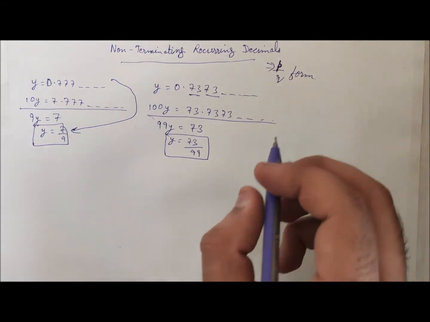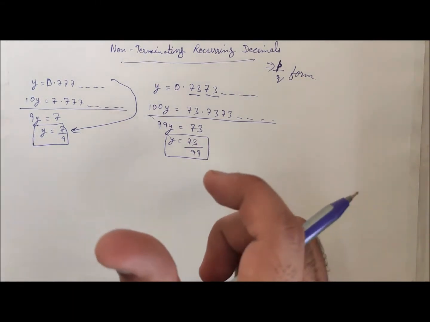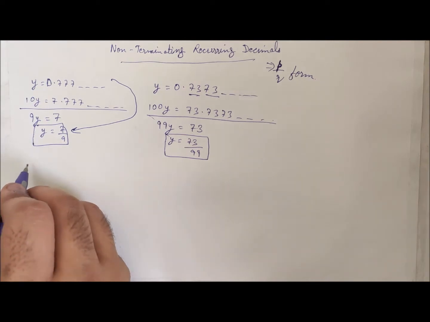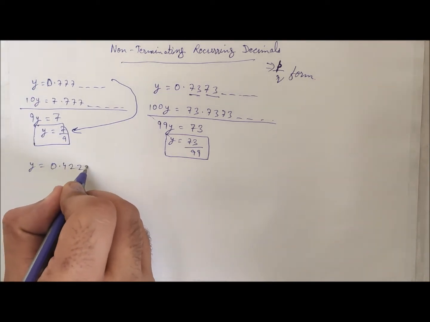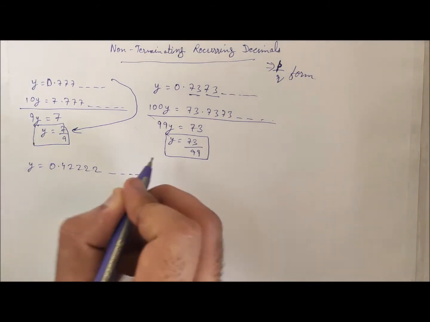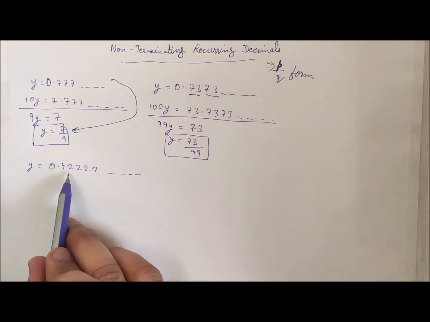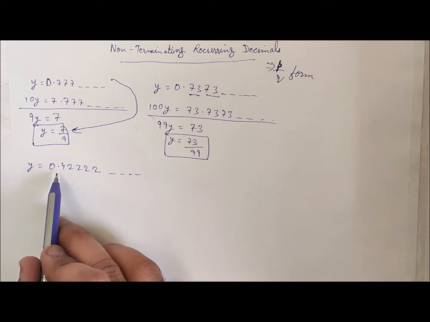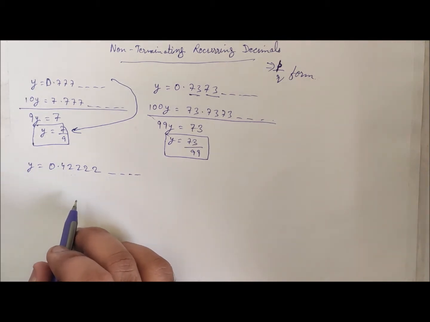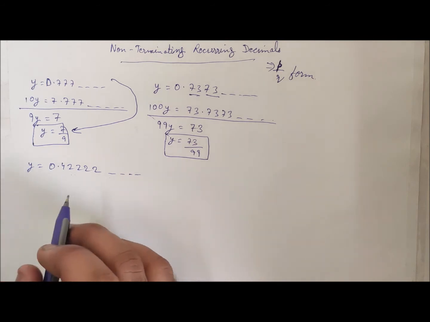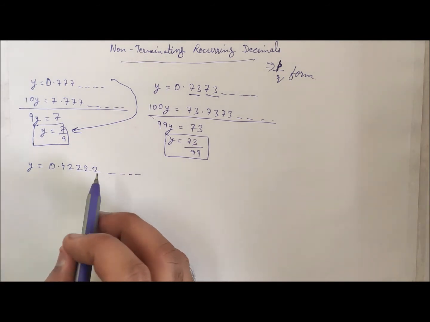Let's take another example. We'll look into a slightly trickier example this time. So we'll take y is equal to, let's say, 0.42222. Now here you can see 2 is being repeated, but there is an extra digit 4 which is not repeating. So how to deal with such questions? Now there's another very simple and formulated method for this.